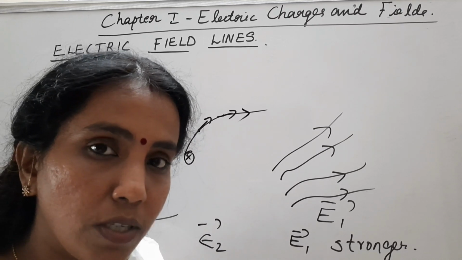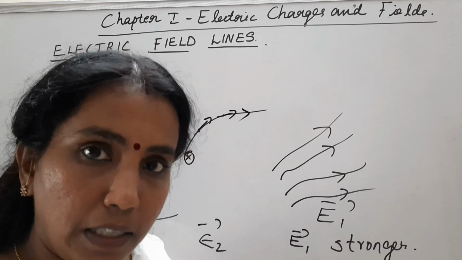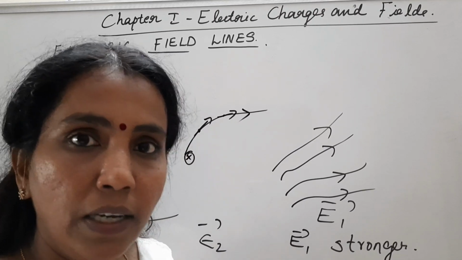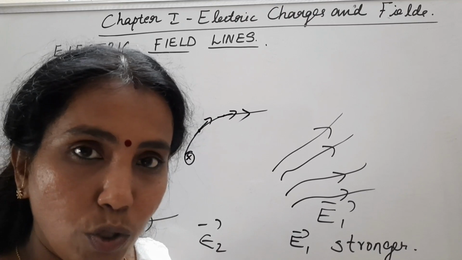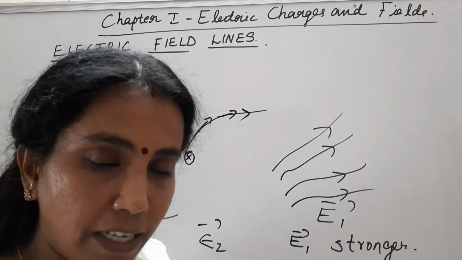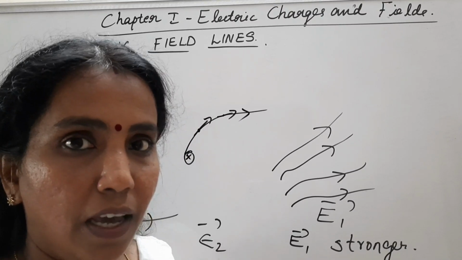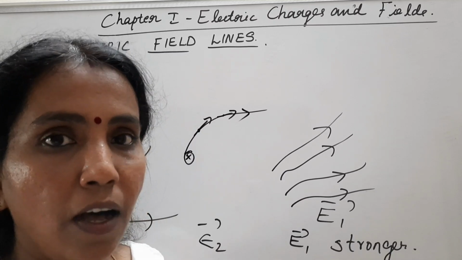So relative closeness of field lines is a measure of strength of the electric field. Closer electric field lines represent a stronger field. If they are far apart, it represents a weak field.